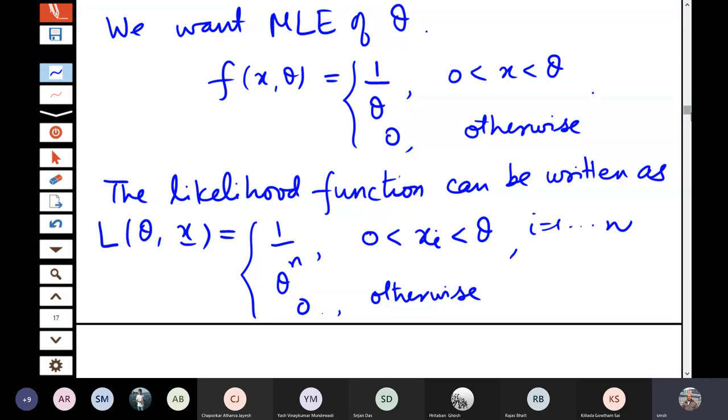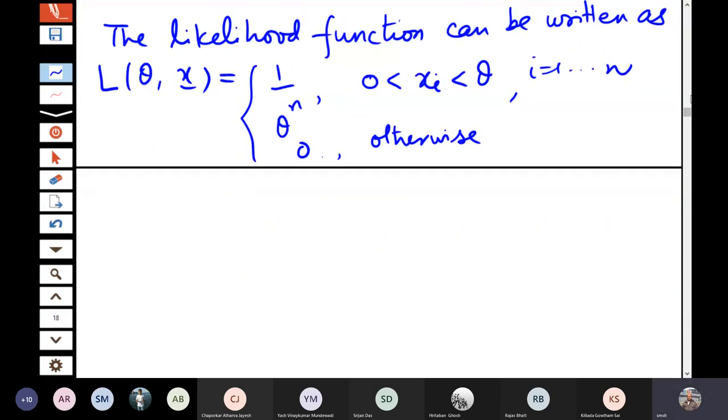So now the question is, we want to maximize this. So when will this be maximum? See, this is 1 by theta to the power n. So it will be maximum with respect to theta if theta is minimum, because it is coming in the denominator. So what is the minimum value of theta that is possible?